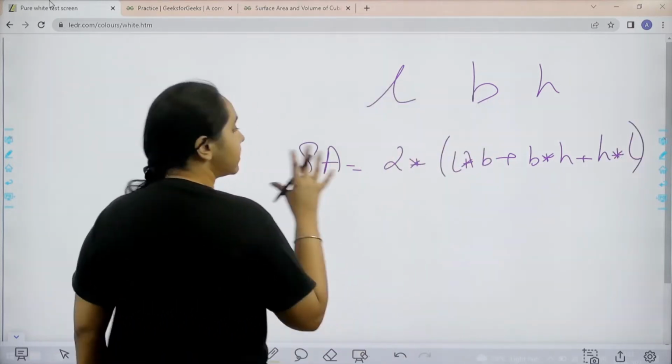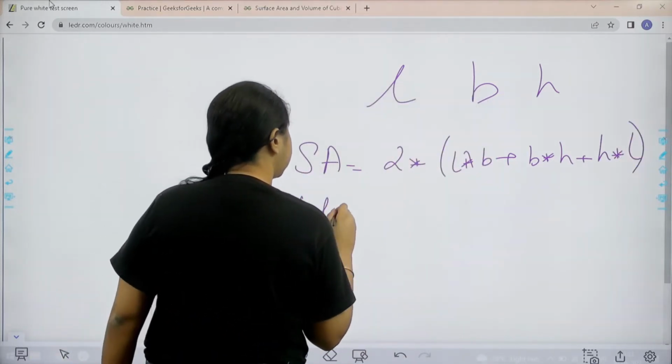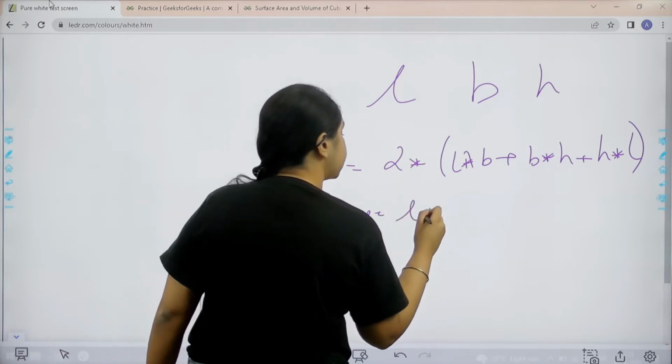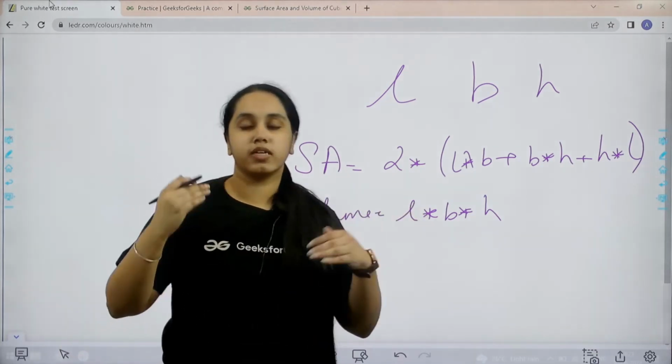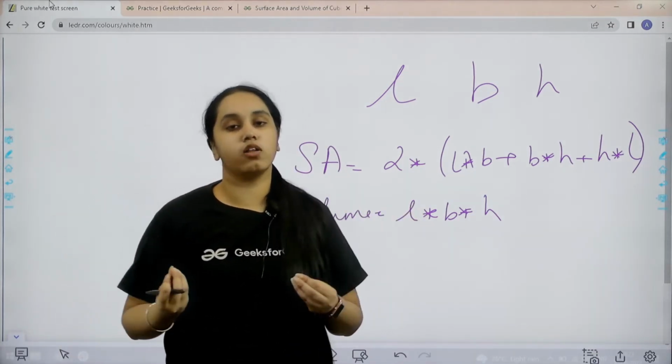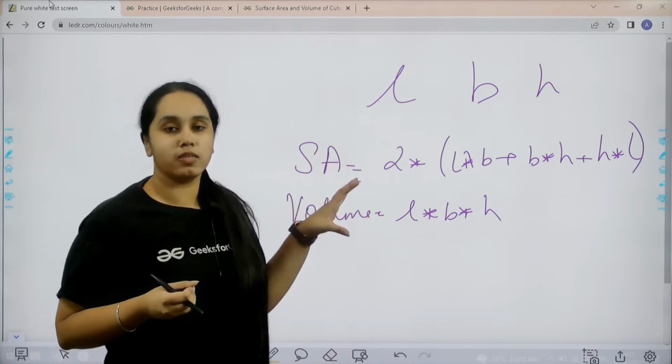And the volume is L star B star H. So if you know the formulas, you can directly apply them and easily solve the question. I hope the concept is clear to you.